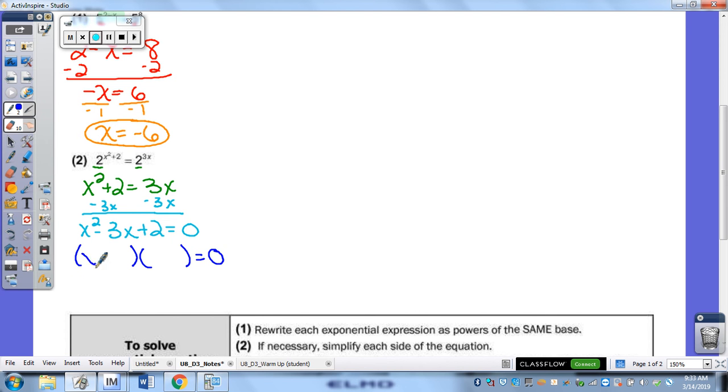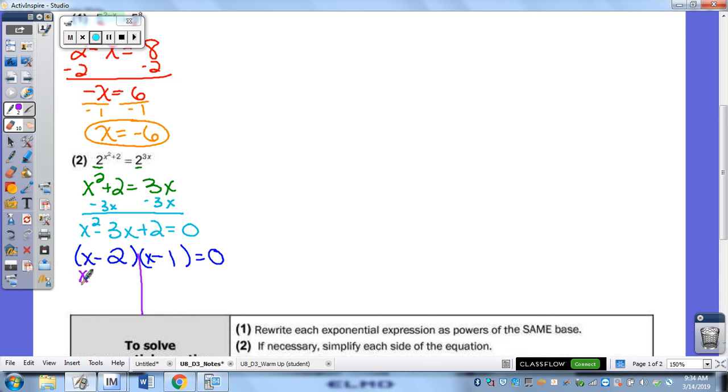So when we factor this, will our signs be same or different? Same. Both are going to be negative. And then what multiplies to 2 but adds together to give you 3? 2 and 1. 2 times 1 gives you 2, but then 2 plus 1 gives you your 3 for your middle.